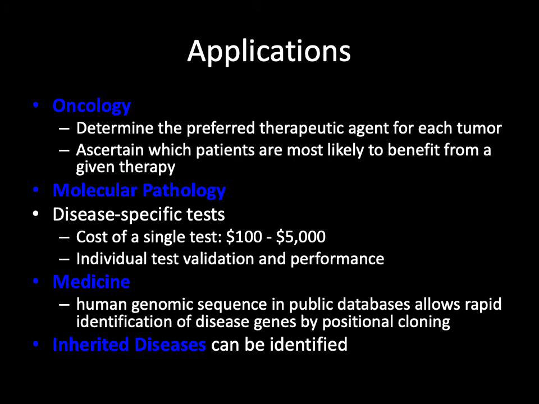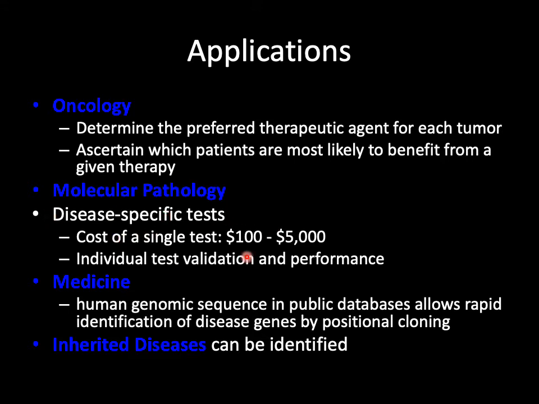So where can we use genomic or next generation sequencing? There are a number of applications. It can be used in oncology, so we can determine the preferred therapeutic agent for each tumour. We can ascertain which patients are most likely to benefit from a given therapy. For molecular pathology, there are disease-specific tests.